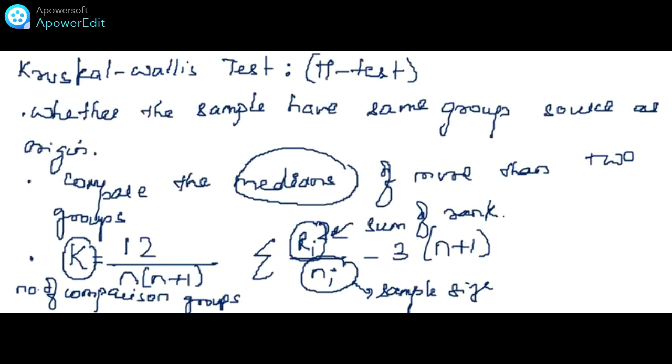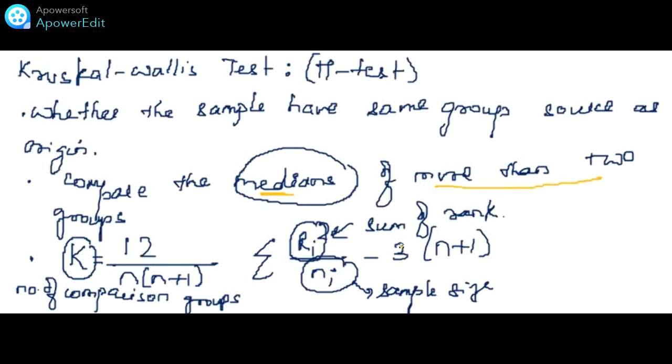So what we understood from the Kruskal-Wallis test is that it is comparing the medians of more than two groups. Always remember, it will be more than two groups, and it is comparing the median. The formula is 12 by n plus 1 summation of ri square by ni.